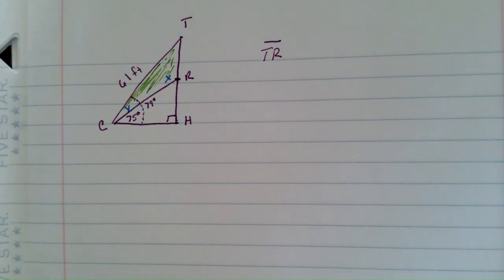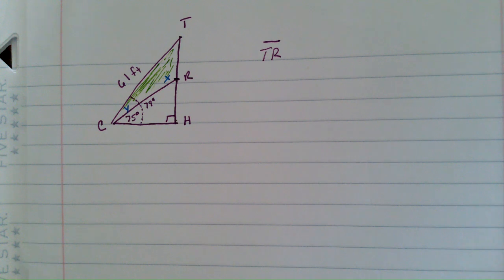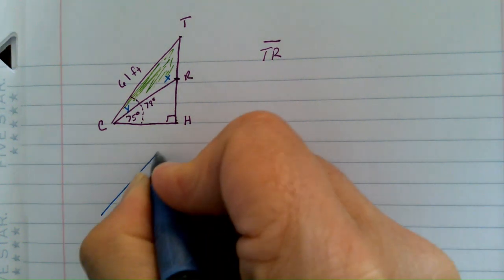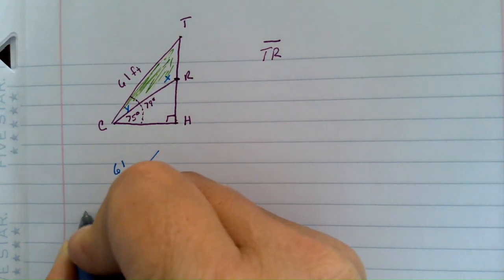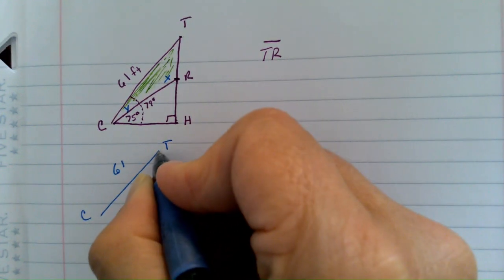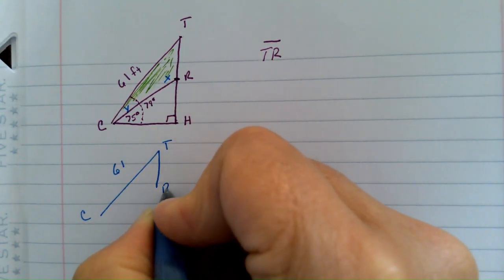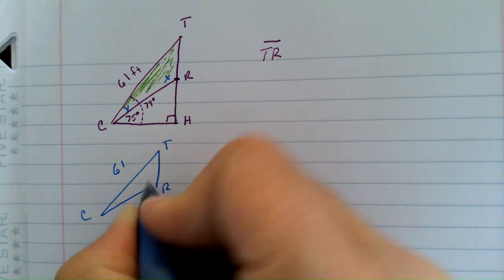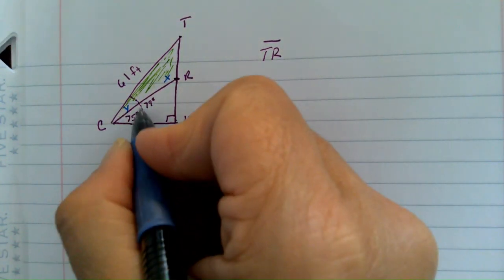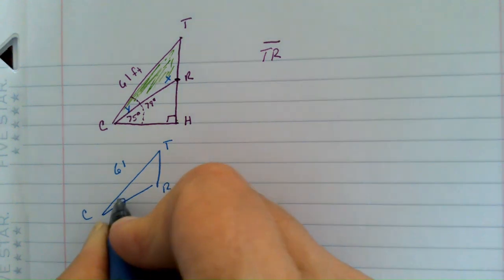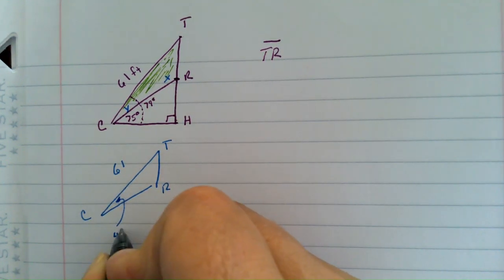But if I use the green triangle, I can use law of sines, because if the whole thing is 79 degrees and this part is 75, that leaves 4 degrees right here.